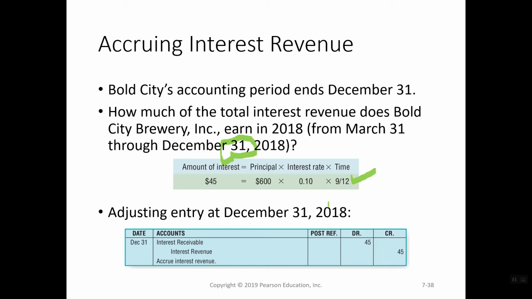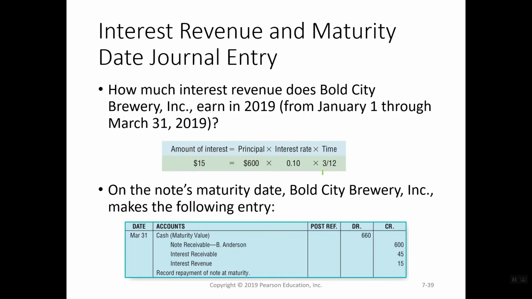When you calculate interest, it can either be on a monthly basis, or typically what our book uses is a 360-day year. If it's months, the problem will tell you in months. If it's by days, it'll use the number of days, and it'll usually tell you it's 360 days. This would be calculated, as you can see, as the principal times the interest rate times the amount of interest that's accrued, which is 9 out of 12 months.